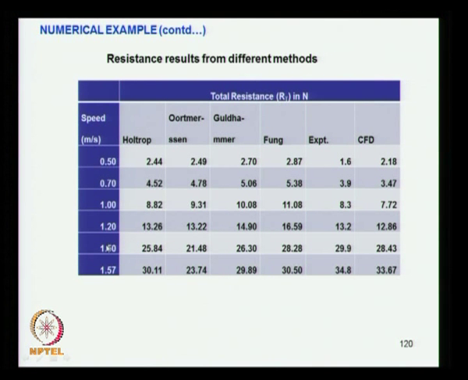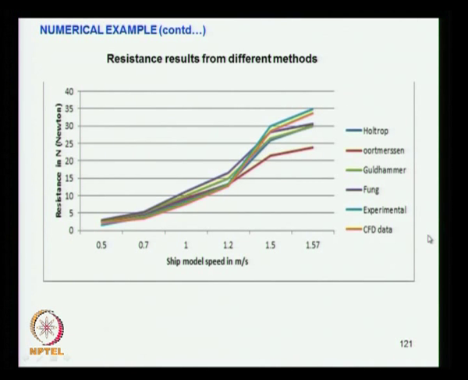I think this is the service speed, where you get the values coming reasonably close. You can see this for every method except the Woodmason method, which is totally off. So this is the plot of that for different methods.